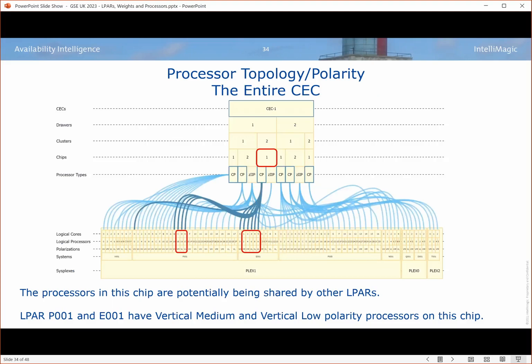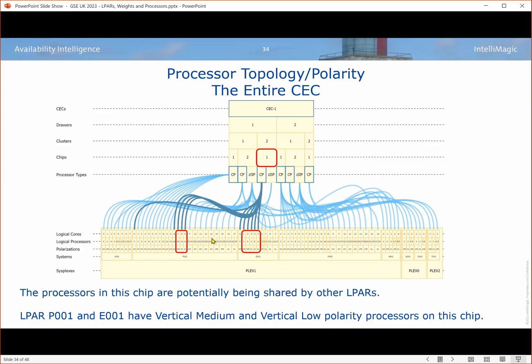So let's get back to our topology view. Now, we're no longer looking at a single LPAR, we're looking at all of the LPARs defined on this KEK. That's why it gets a little bit messy. Our LPAR that we're looking at, E001, and the vertical medium and vertical low processes, only the CPs, they're on that one chip.